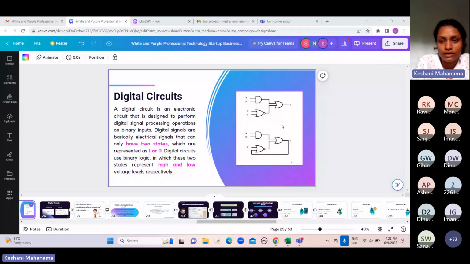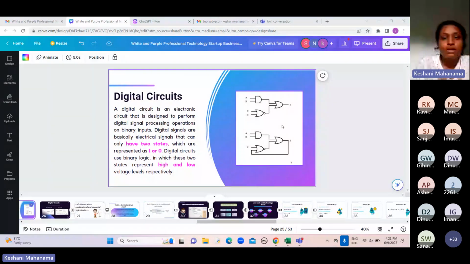Before talking about digital circuits, we have to know about digital signals, because digital signals are mainly dealt with by digital circuits.